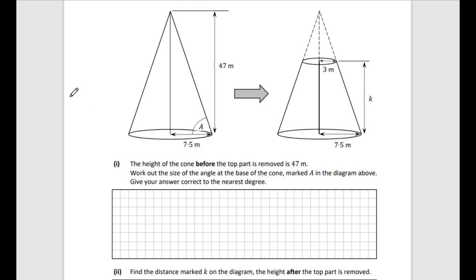Okay, so really what we've got here is just a right angle triangle. We've got 7.5 here, we've got A here, this is the right angle here, and 47 meters here. So what we can do here is just tan.